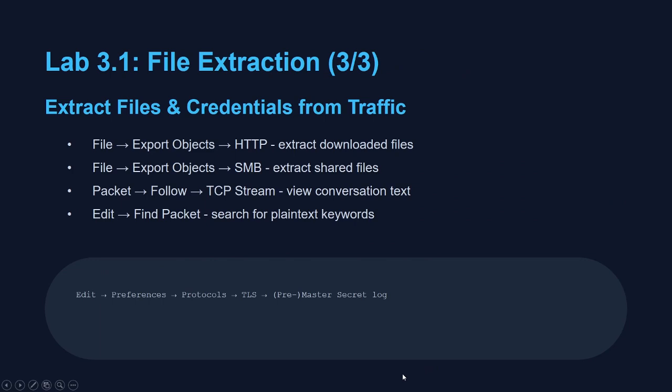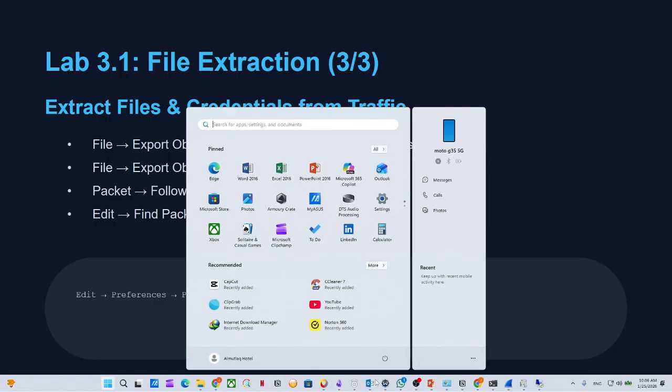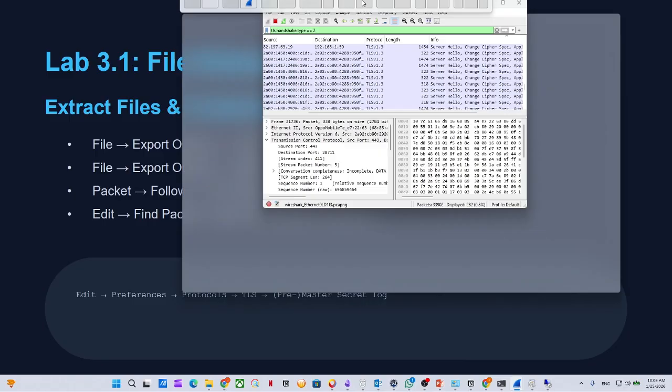So this is for file extraction. Okay, we're supposed to extract files or credentials from traffic. So in order to extract a file, there is a command we use here. Not a command actually.